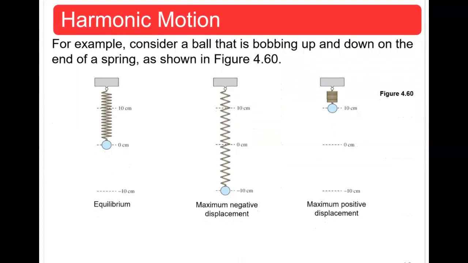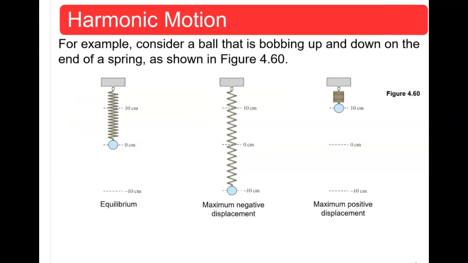So let's see. Just like the simulations that I was showing you, we could see on the first drawing on the left, the spring is in equilibrium and we're drawing purposely the distance here, or labeling it at 0. So that will be comparable to the origin. Then on the second figure, we can see the maximum displacement, and in this case we're going to call it negative, and we could see that is being represented by negative 10 centimeters.